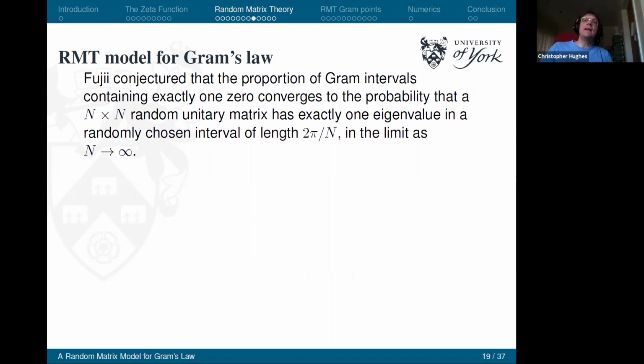And so Fujii conjectured that maybe the proportion of Gram intervals that contain exactly 1 zero is going to converge to the probability that, for an n by n matrix, if I take a random interval of scaled size 1, which means real size 2 pi divided by n, that interval contains exactly 1 eigenvalue.